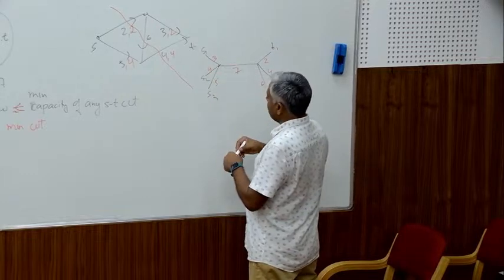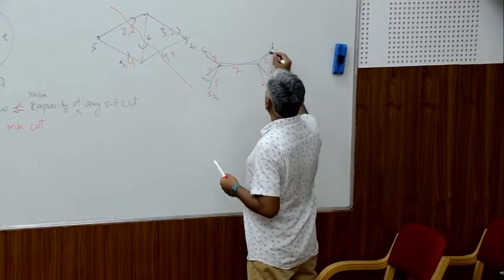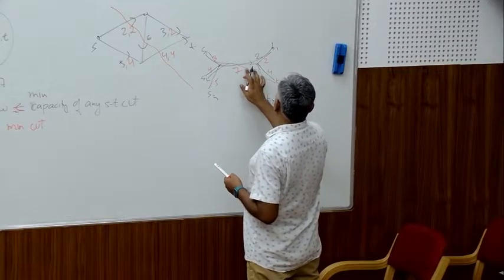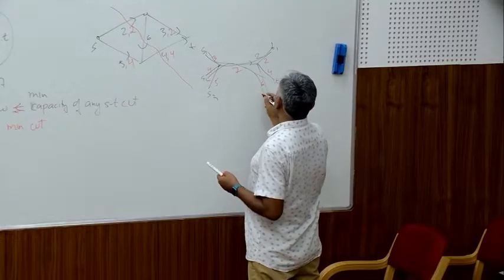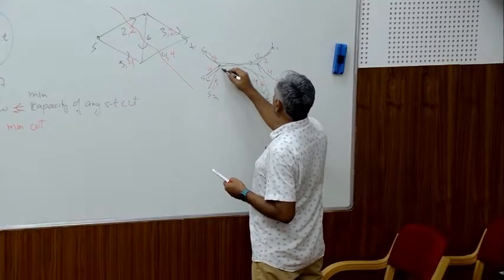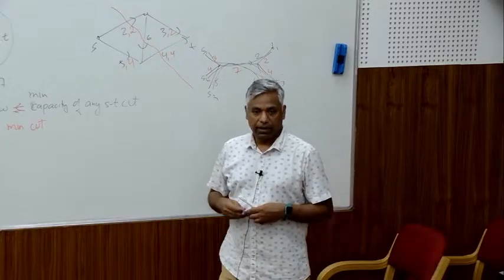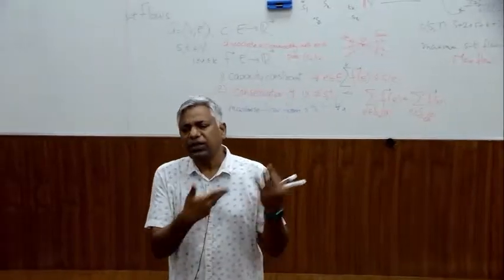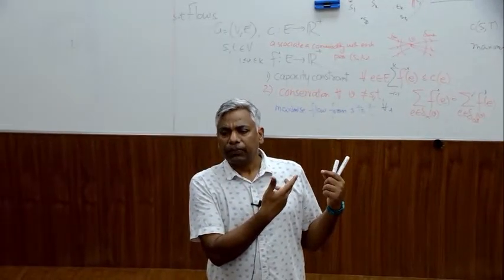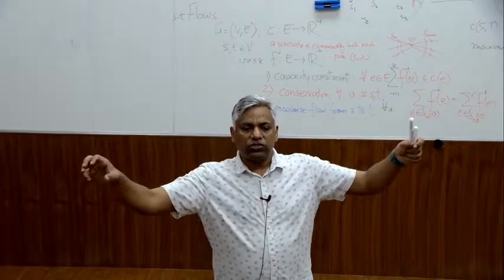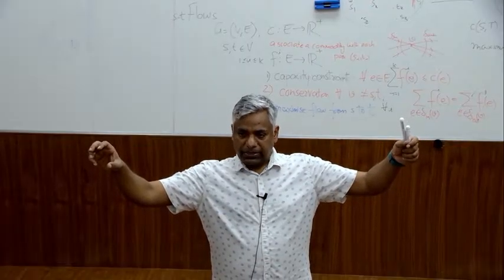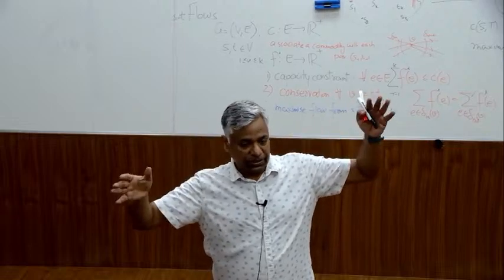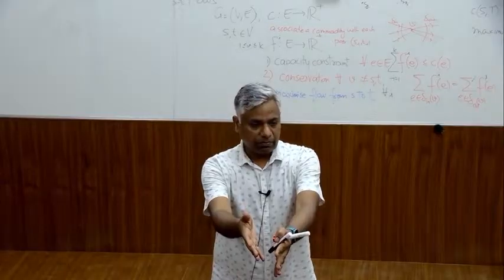So I could be sending 2 units of flow like that, and maybe S2 to T2 should have been going some other way, maybe 4 units of flow like that, and some other flow like that. That can happen. The whole point is that the edge is shared. Think of traffic. Now color your cars based on the source and the destination, so that they are different commodities. One is a red set of cars, one is a blue set of cars, one is a green set of cars, and they are all using the same highway.